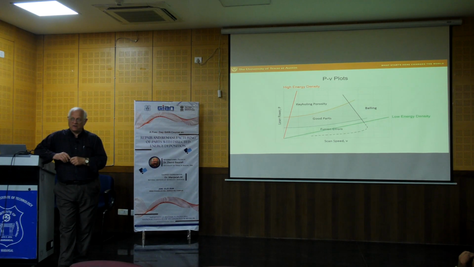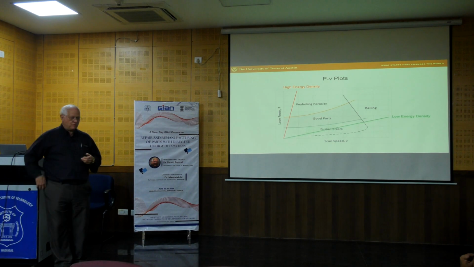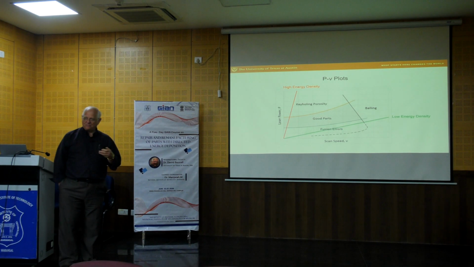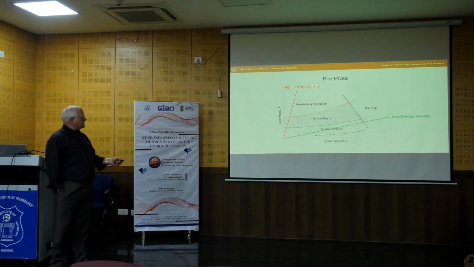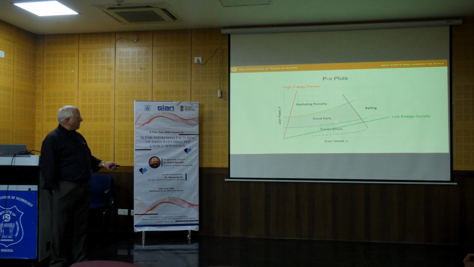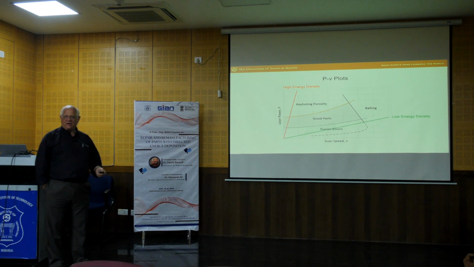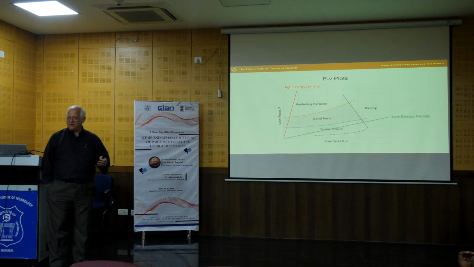Tony Rollett, their faculty member, led the team, but they looked at additive manufacturing and properties. So they looked at density, but also at mechanical properties. And it turns out that this schematic is really best suited for density.